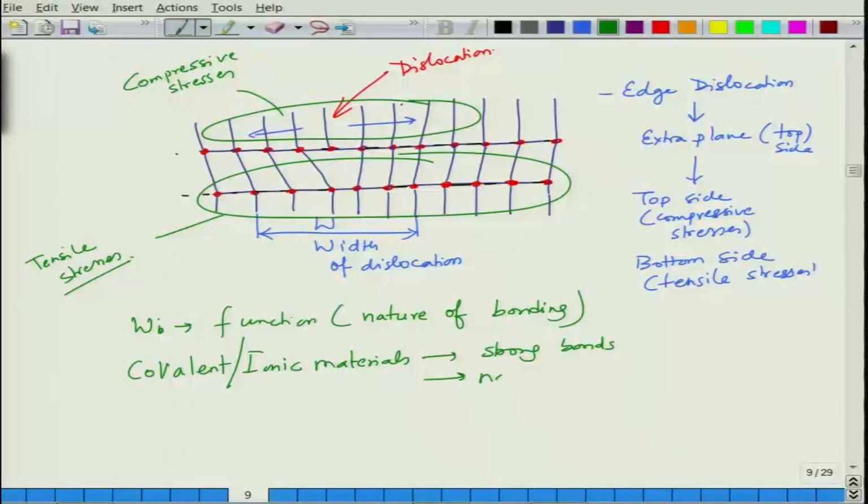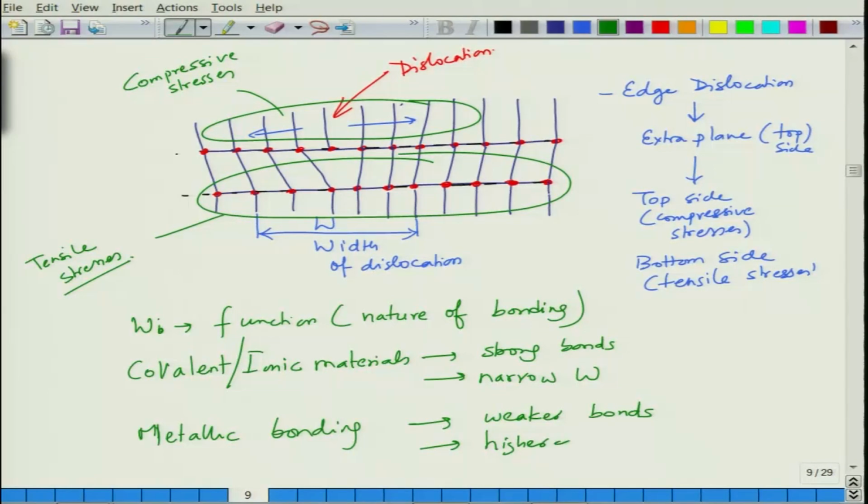As a result you have a narrow W. If you have metallic bonding, whose bond strength is lower, this will lead to weaker bonds, and as a result you will have a larger W.